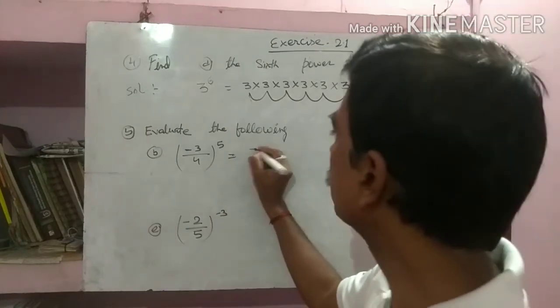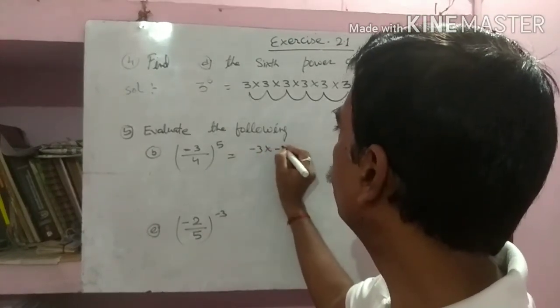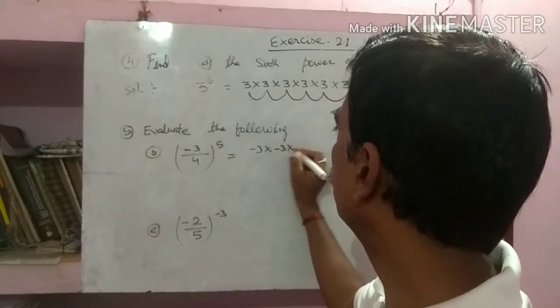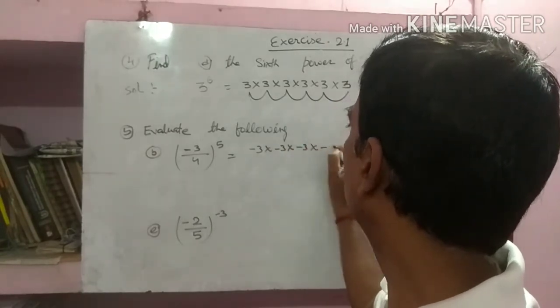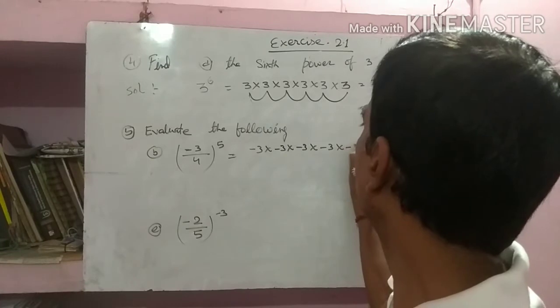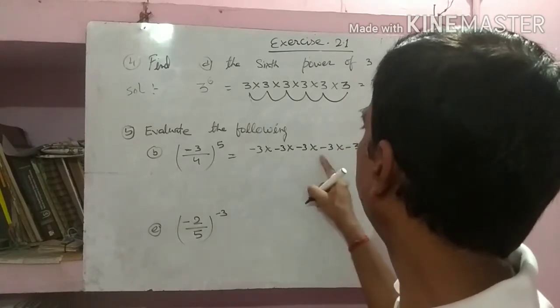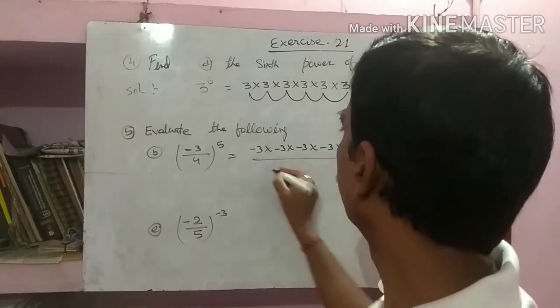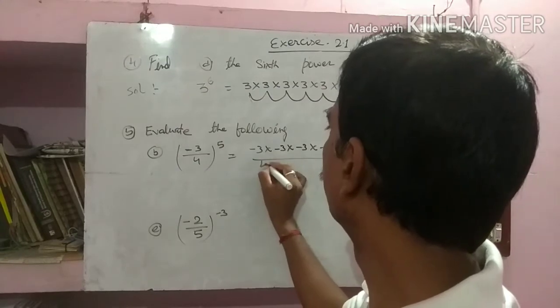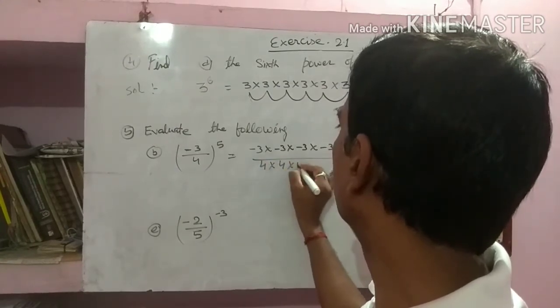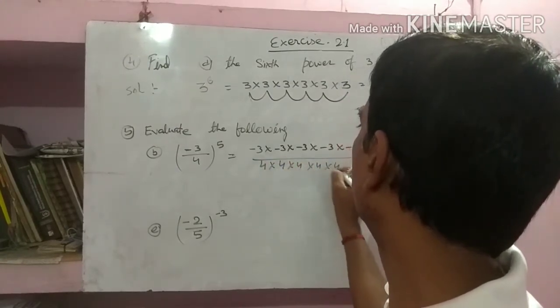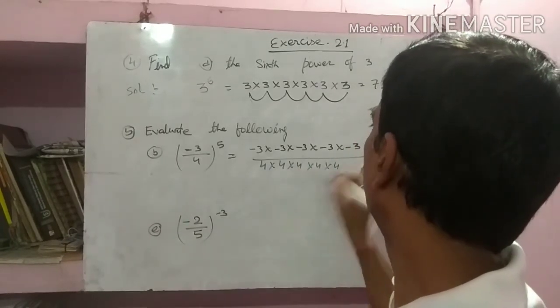So it means minus 3 into minus 3 into minus 3 into minus 3 into minus 3, 5 times, by 4 into 4 into 4 into 4 into 4, 5 times.